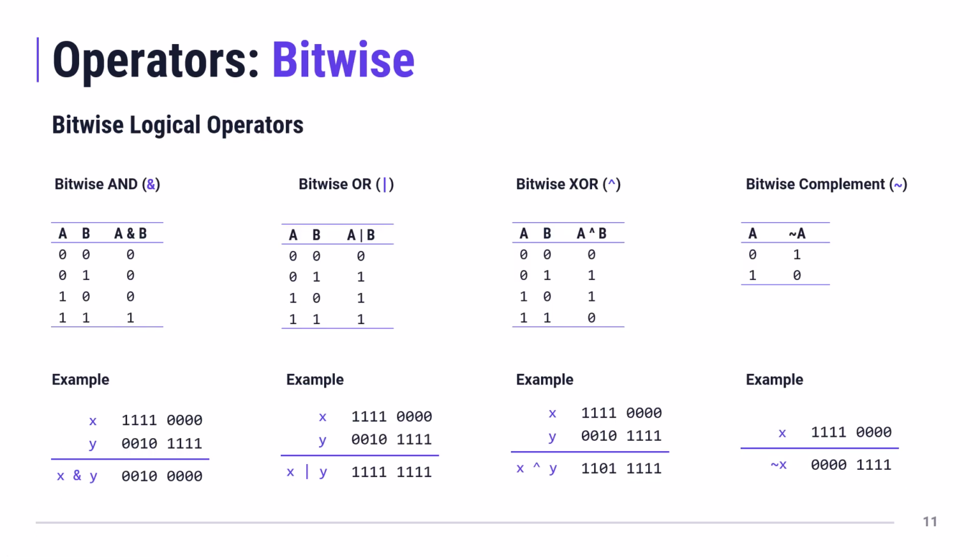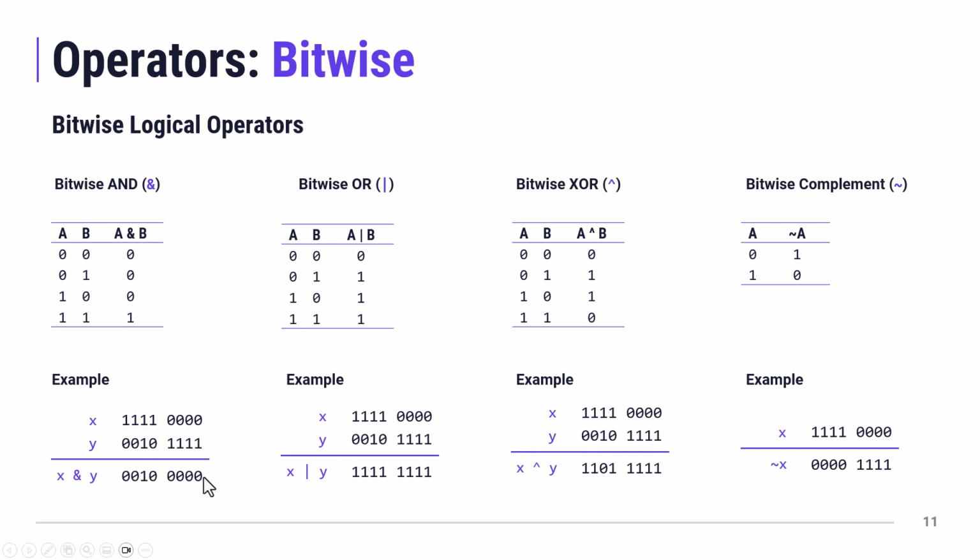Okay, we then have the bitwise logical operators. So just quickly going through these truth tables, hopefully we're familiar with AND. The bitwise AND is going to be true only when both of its operands are also true. So if we do x AND y in our code, it's going to look at each individual bit. 1 and 0 is 0, 1 and 0 is 0, 1 and 1 is 1.